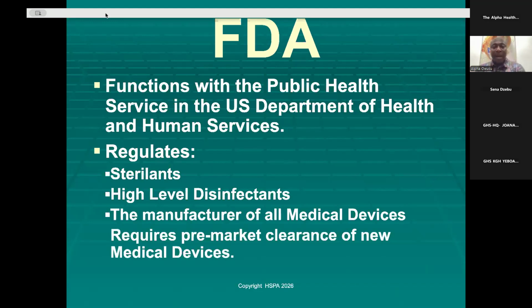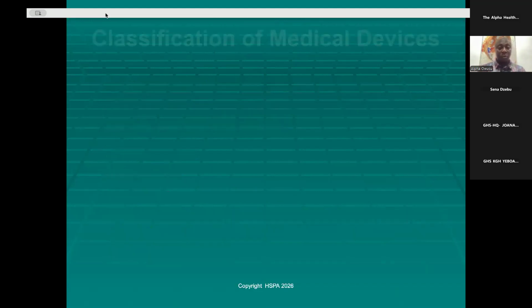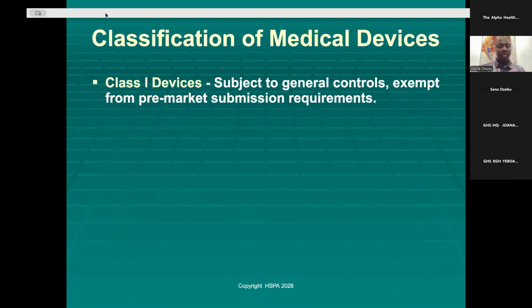The pre-market clearance. Now, the class 2 medical and the class 3 medical equipment should have pre-market clearance. Very, very important. Class 1, like I said, this is general, right? So the devices, what are the devices?